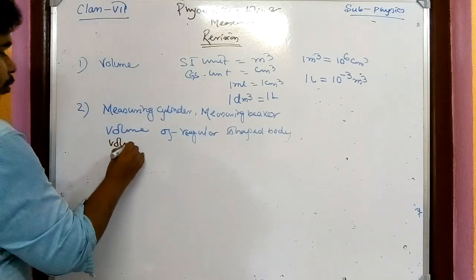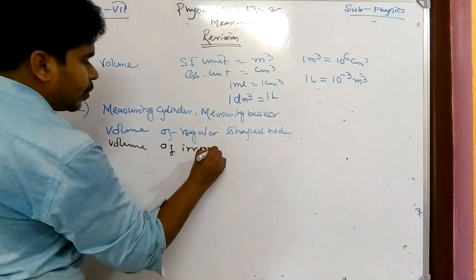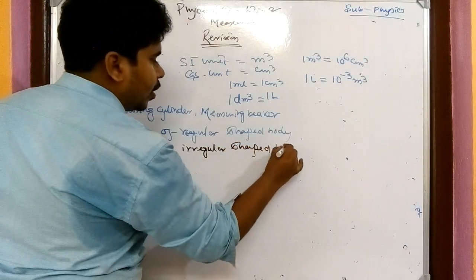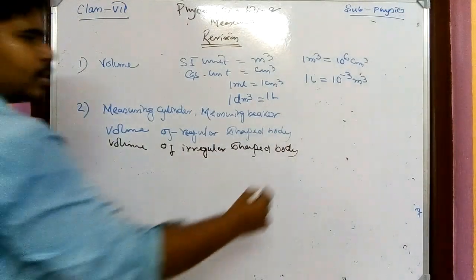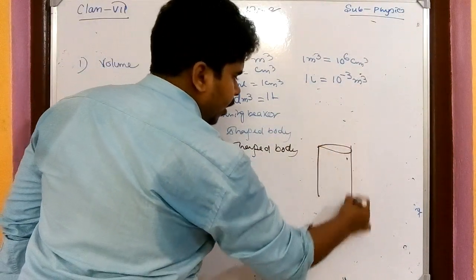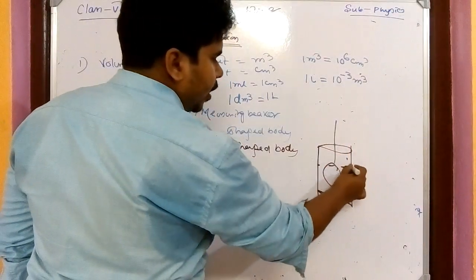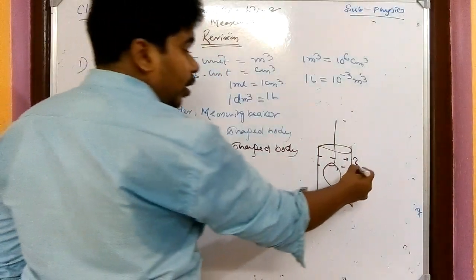Next, volume of an irregular shaped body. So here also we have seen that we have to put the body inside a measuring cylinder. As you put the body inside the measuring cylinder, the level of the water is increased. How much is the level of the water increased?